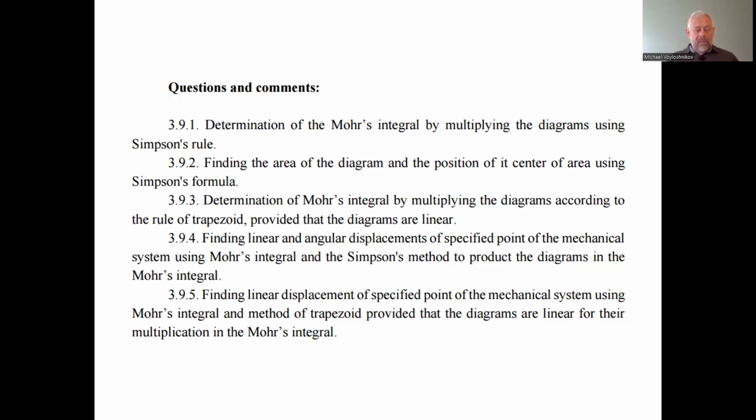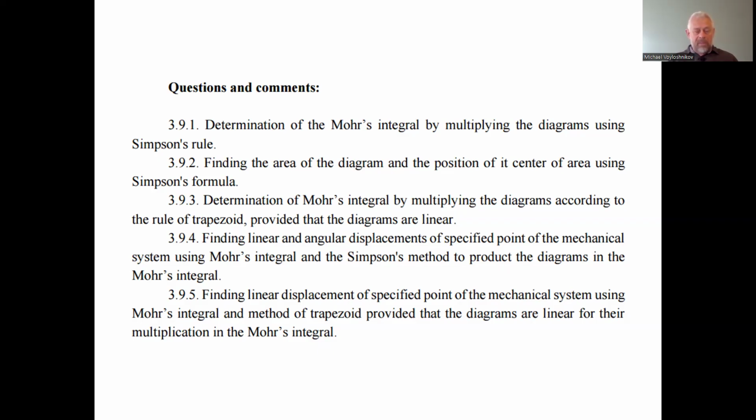3.9.5. Finding linear displacement of a specified point of the mechanical system using the Mohr integral and the method of trapezoid, provided the diagrams are linear for their multiplication in the Mohr integral. If the diagram of the bending of the mechanical system element under the action of the external load is linear, and the diagram of the bending of the element under the action of the unit force applied to the point in the direction in which we have to find the displacement is also linear, we can use the trapezoid rule.